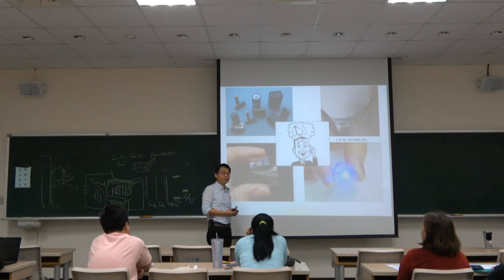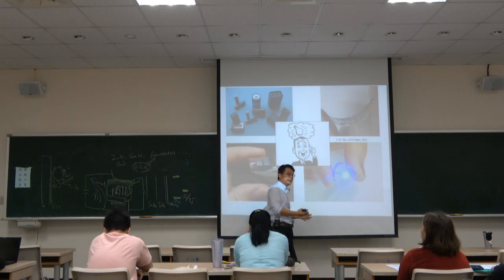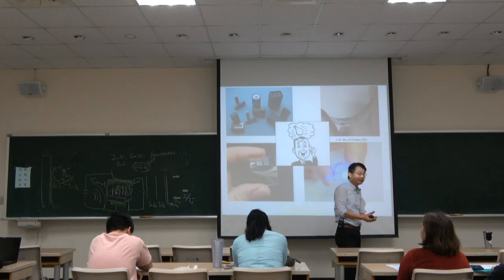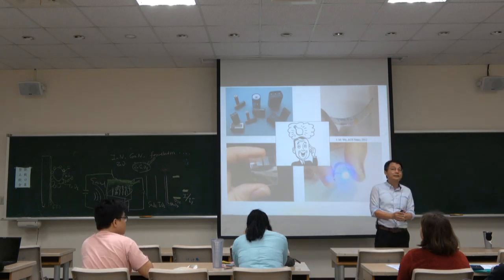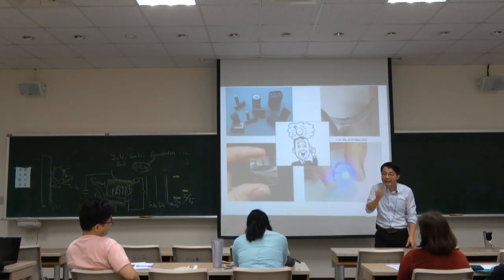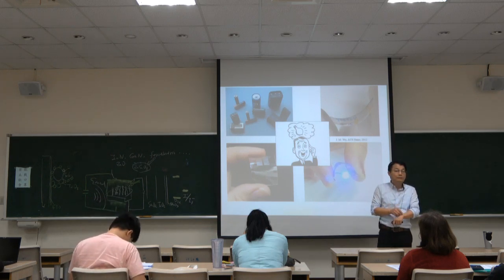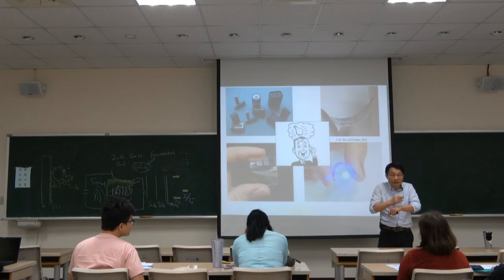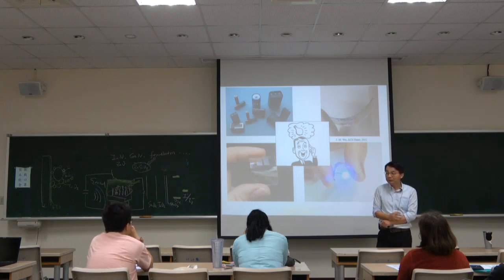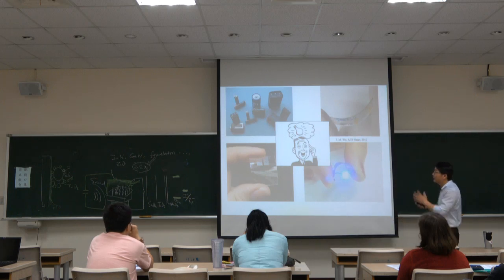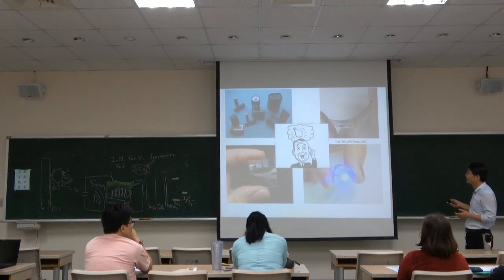Also, if the inside of your portable device has no battery, you can save space, which means the device can be even more portable and smaller, okay? So this is one of the advantages.